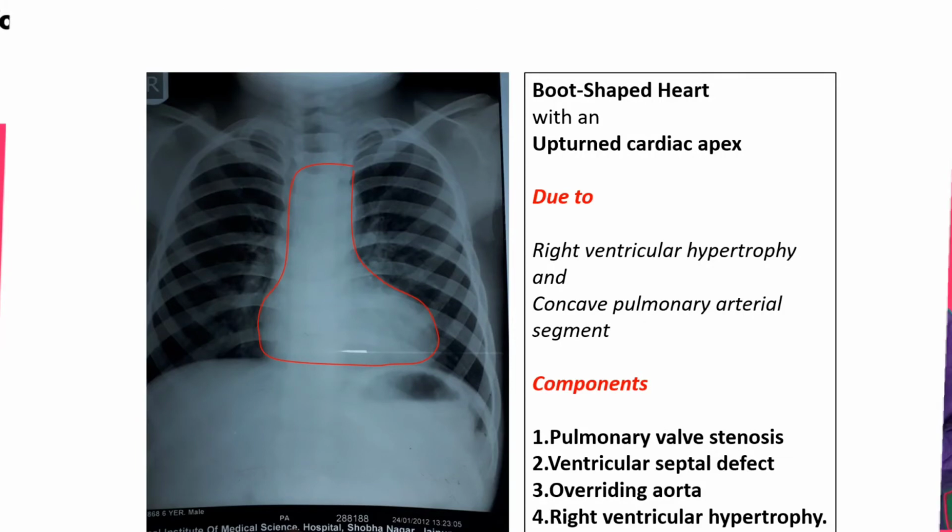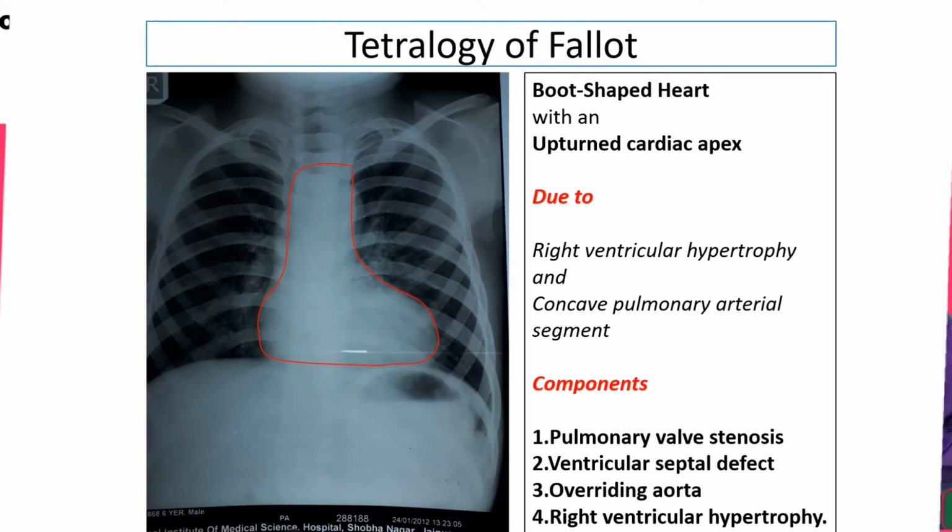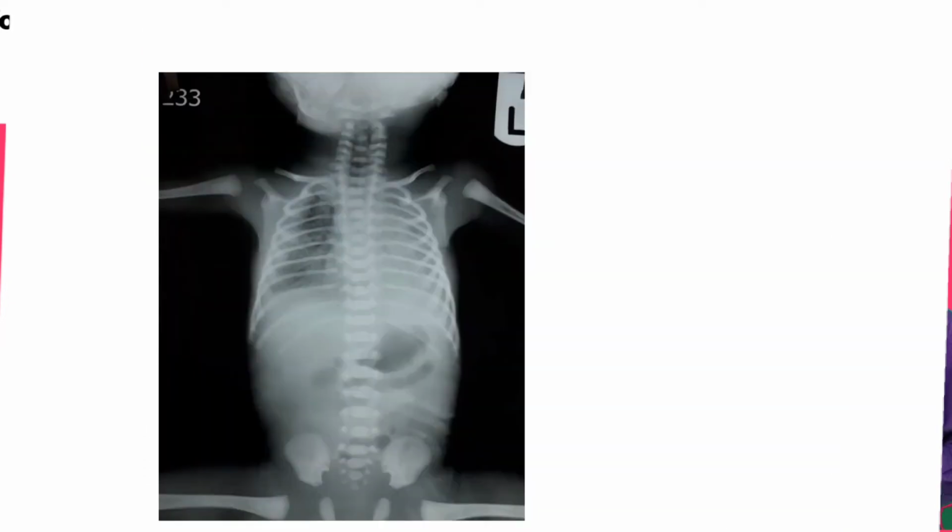You can see the concave pulmonary arterial segment, the upturning of the cardiac apex, and right ventricular hypertrophy. The heart looks like a boot, and this is due to tetralogy of Fallot. The components of tetralogy of Fallot are pulmonary stenosis, VSD, overriding of aorta, and right ventricular hypertrophy.